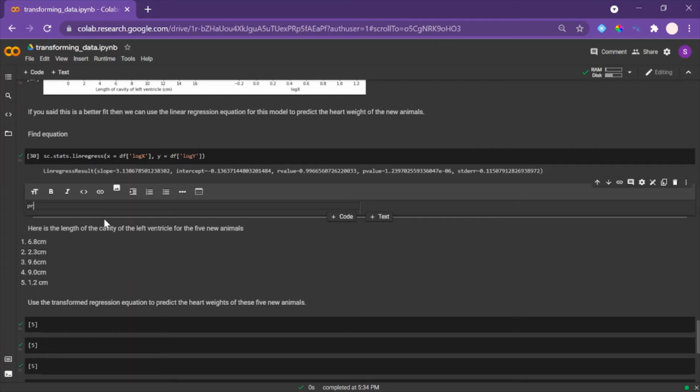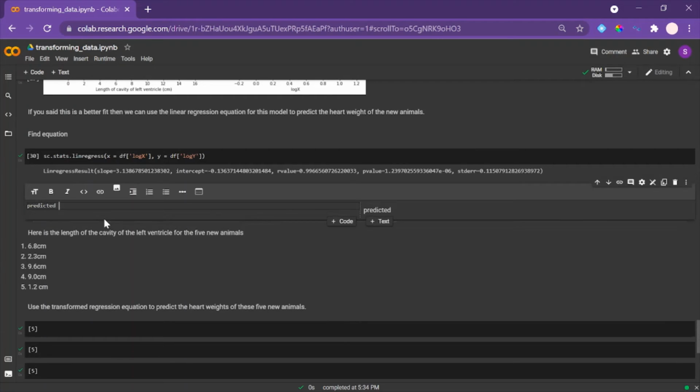Okay, so we're going to say the predicted heart rate is equal to our intercept, right? Why did I copy like that?